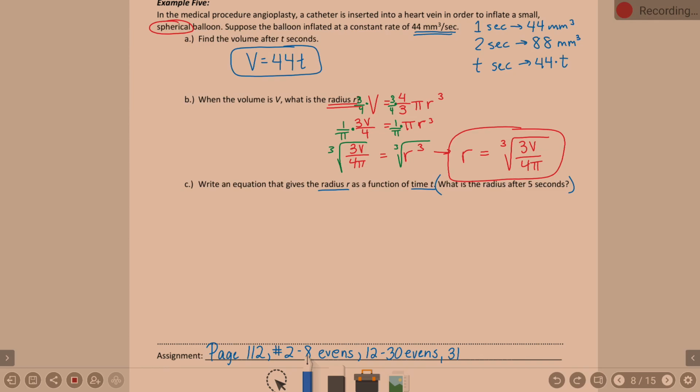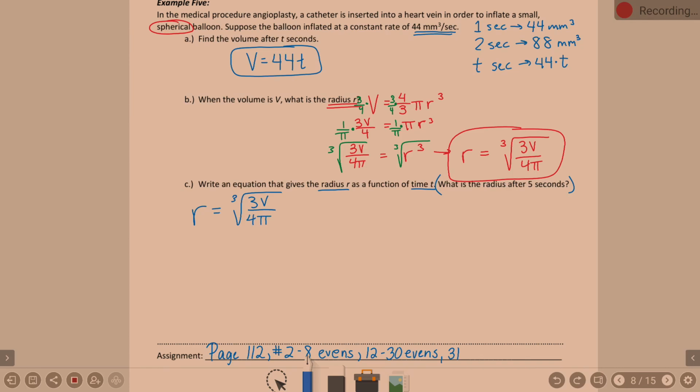First of all, I want an equation that says r equals. You got one, but I want my variable in it to be t, as a function of time.